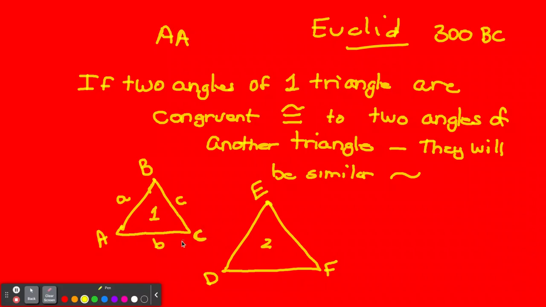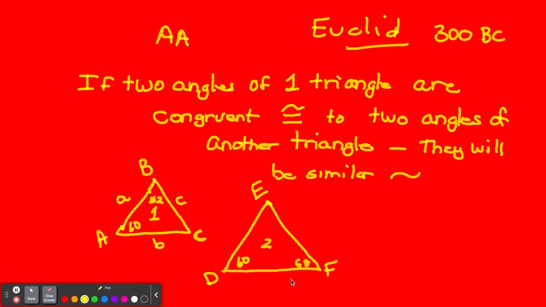So let's say that angle A over here was 60 degrees. Put a little 60 in there. And let's say we have 60 degrees in angle 2, in triangle 2. So we only have one angle, so we can't be sure that they're the same yet. But let's say we put a 52 over here, and then I put a 68 over here.